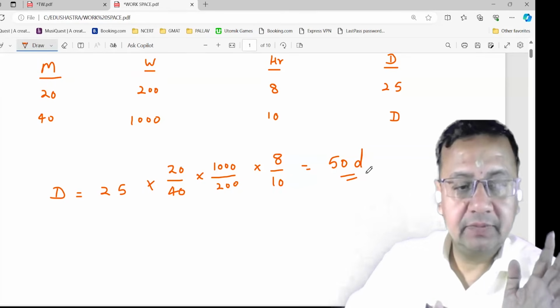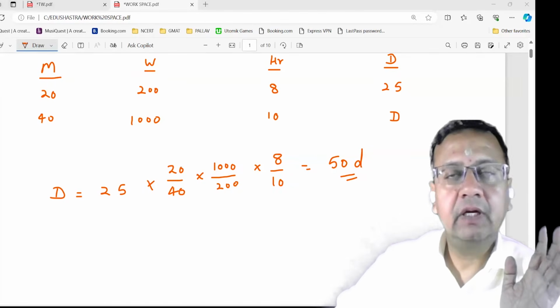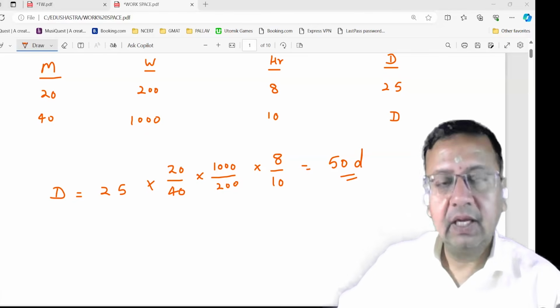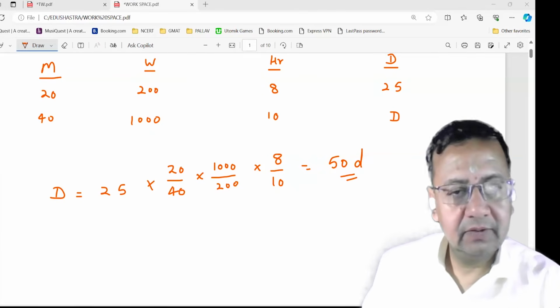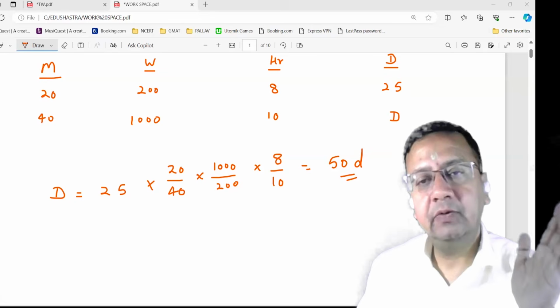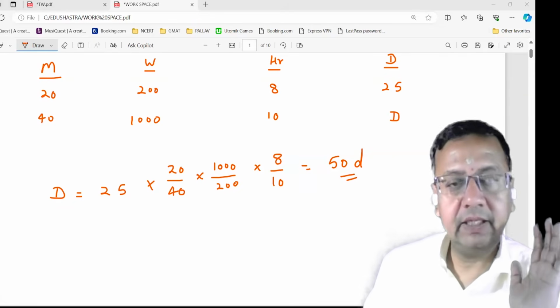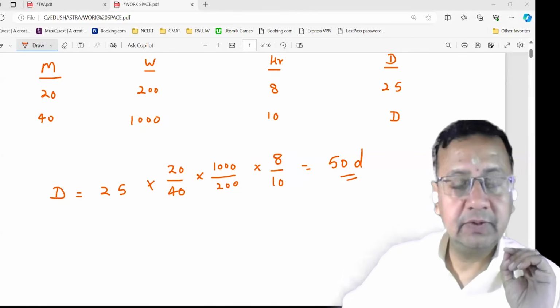we are taking this proportionality. When we are comparing two variables, we are considering the other variables as constant. When we are comparing man and days, the other variables will be constant. If you are comparing work and days, the others will be constant. And as you're saying, the work is more. But see, we have increased the number of persons.